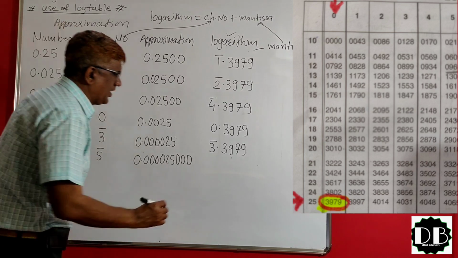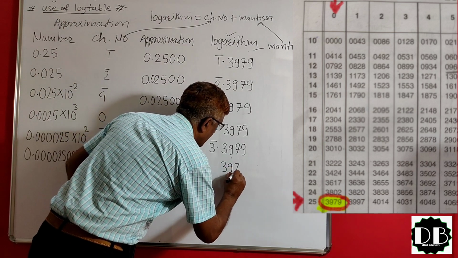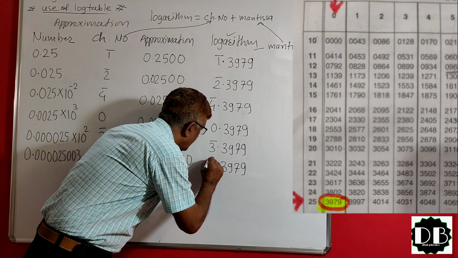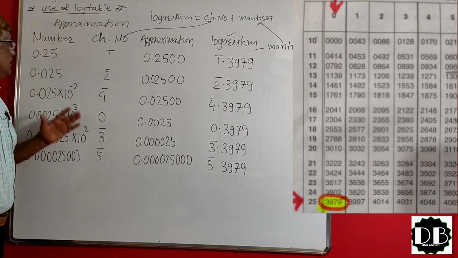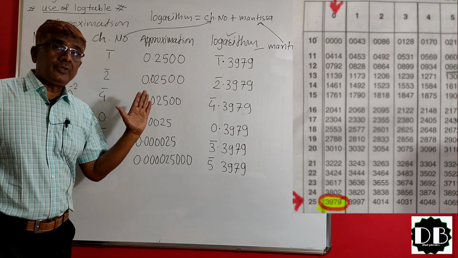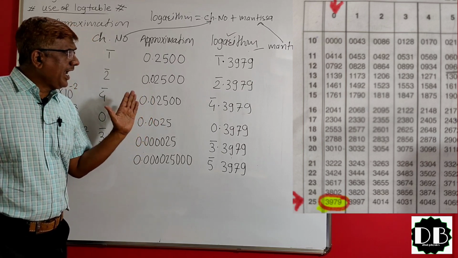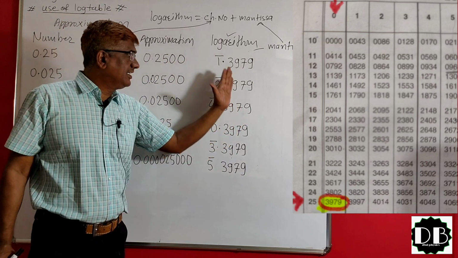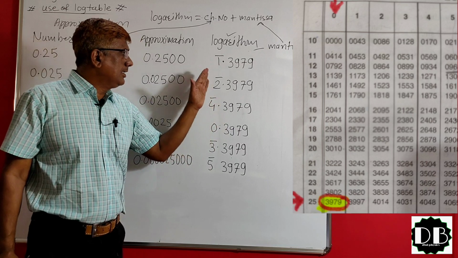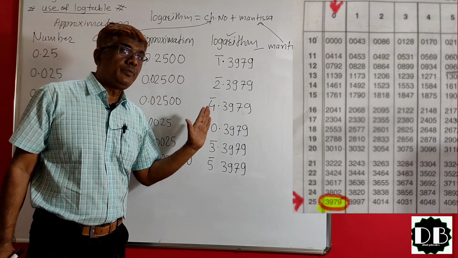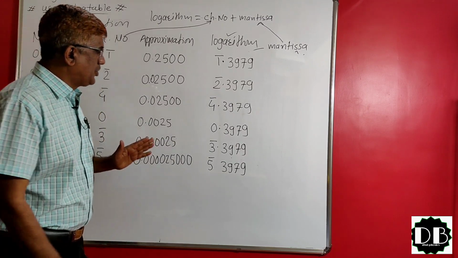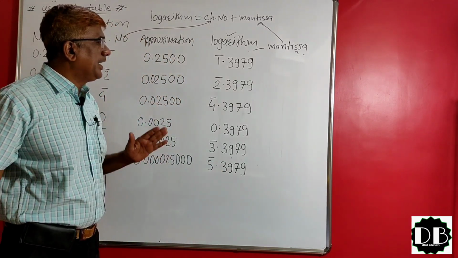Mantissa of the 25 is once again 3979. Character number is bar 5. That means here you can see that you take a number, bring out its character number, make approximation if necessary, and see the mantissa and write that mantissa. Before that mantissa, the decimal point is already there, and write the character number which you brought out already in this column. In this way we can find the logarithm of any number.